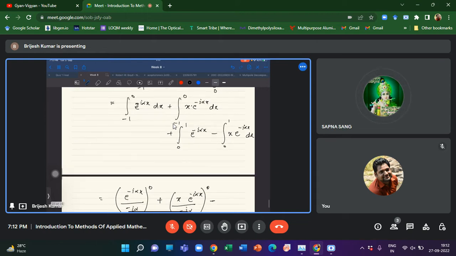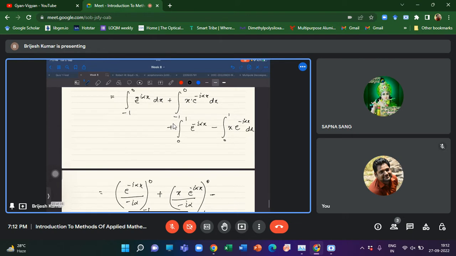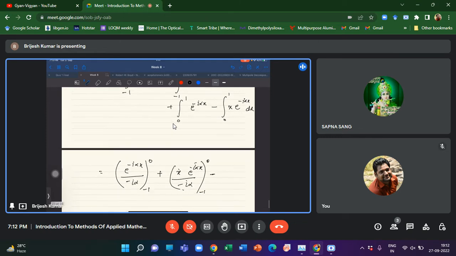I am integrating this by parts, right? Then again integrating, it will come e to the power minus i alpha x upon minus i alpha, with the denominator squared, two times, right? So limit minus 1 to 0.